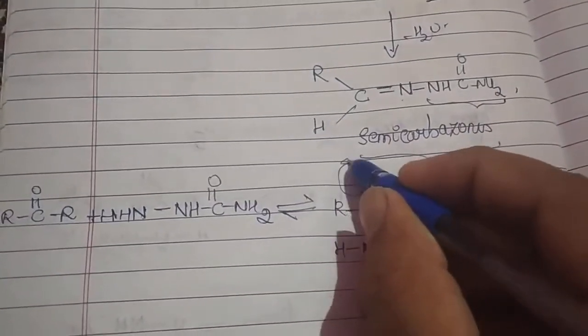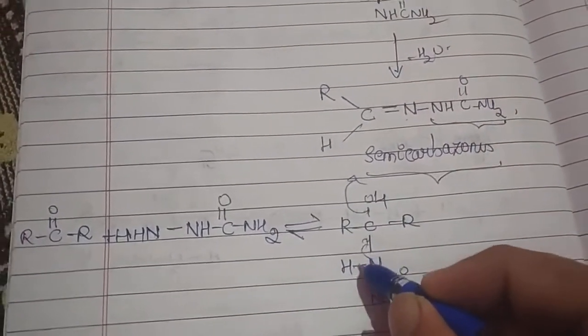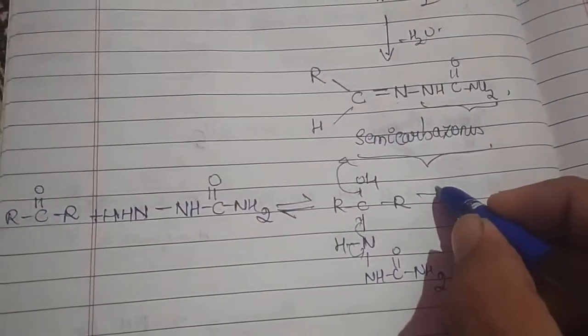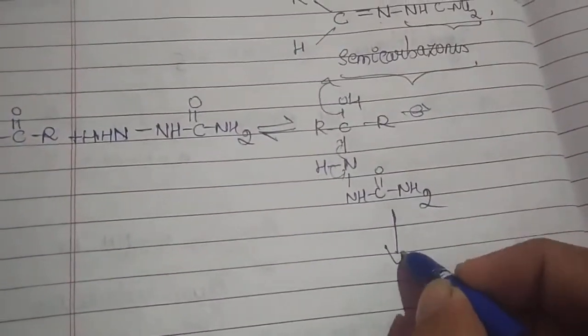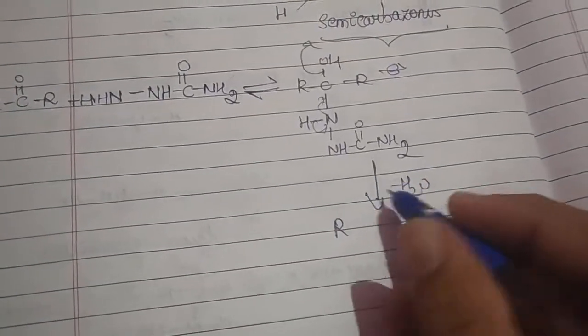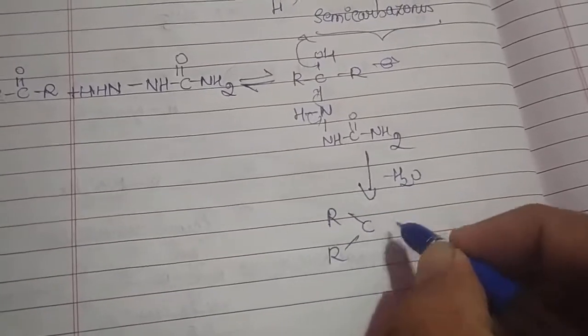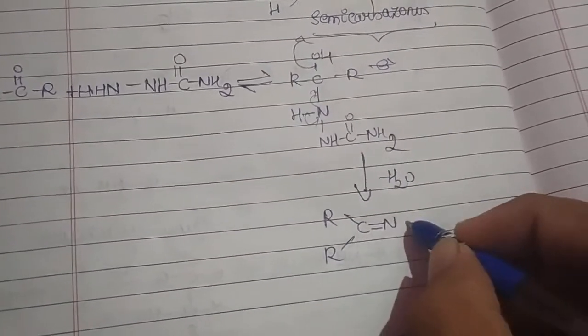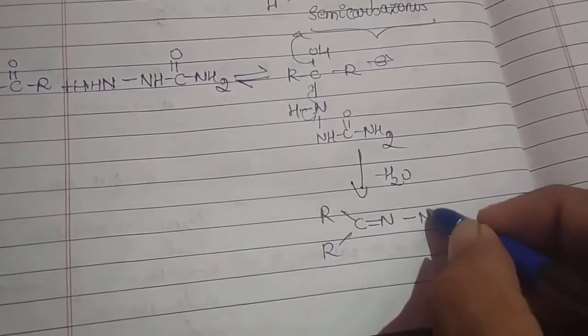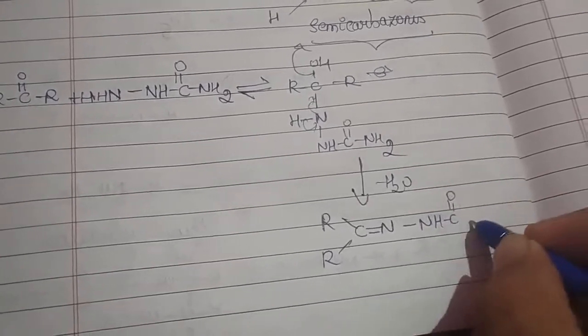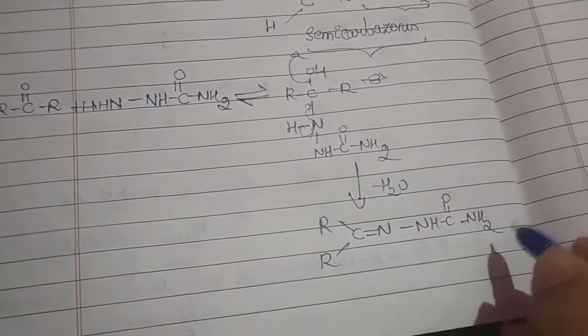So now OH is going out. So this will be given, this will be taken. So you'll have the final product. We'll write it over here by dehydration. We'll get R, and then what? C R double bond N single bond NH C double bond O NH2. So what is this called?